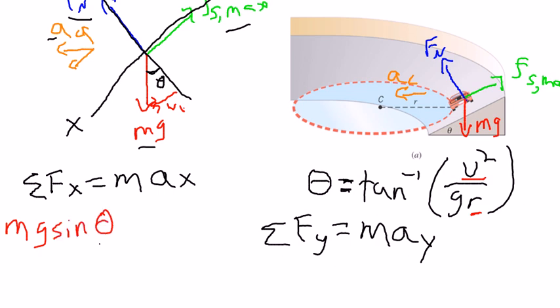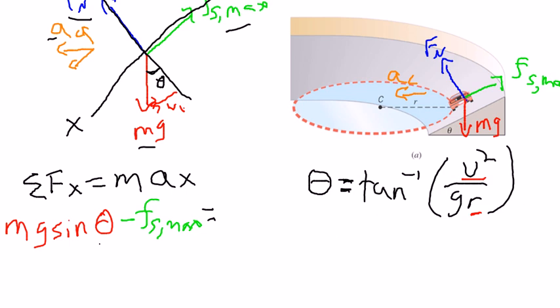Then we also have, in the negative x direction, our force of friction. And that's all we have, right? So that's going to be equal to m times a in the x direction.